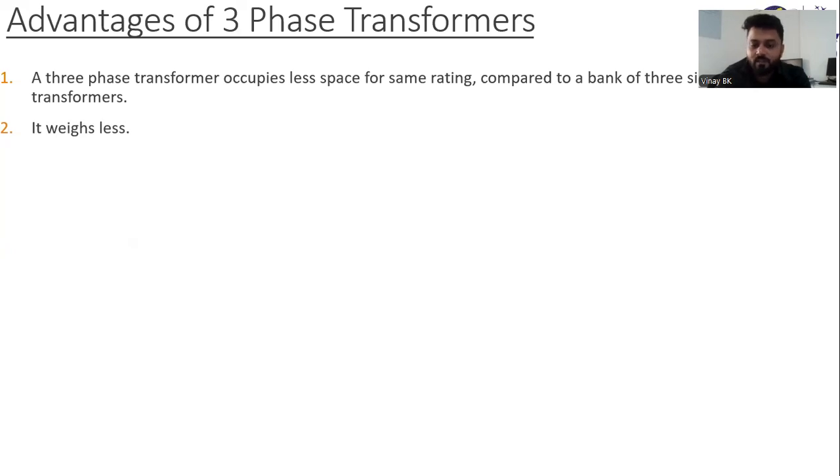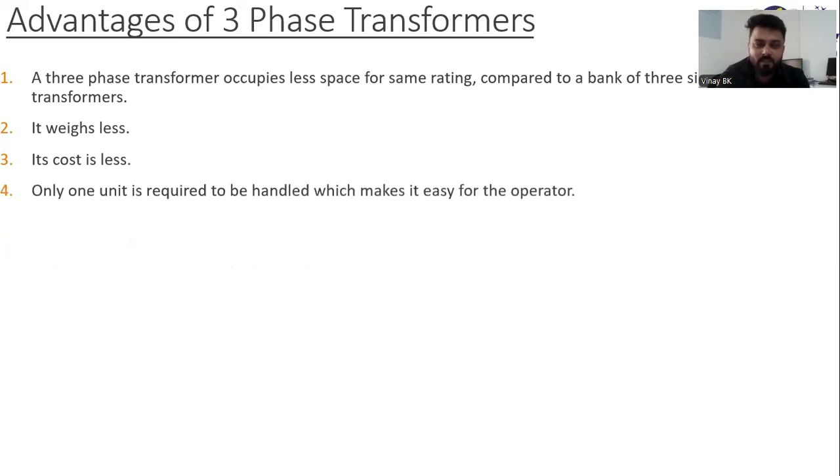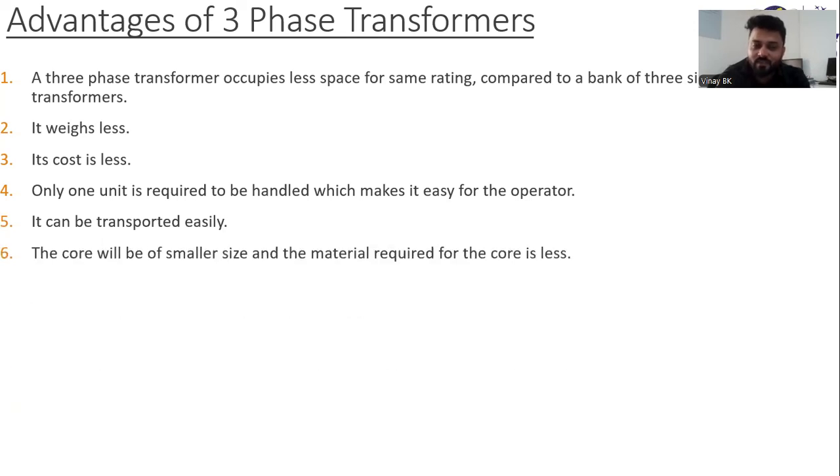The weight is also less, so the cost is also less compared to a bank of three single-phase transformers. Only one unit is required to be handled, which makes it easy for operation. And it can also be transported easily. That is also an advantage of the three-phase transformer.